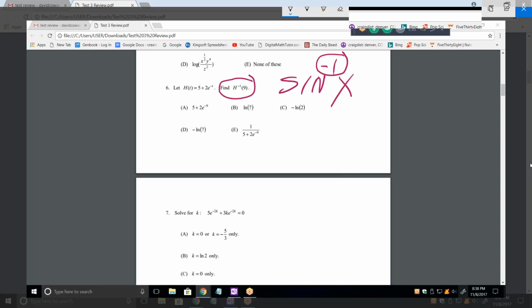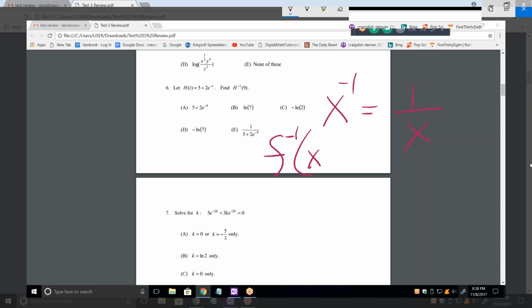Whenever it is part of function notation, like h of x or sine of x or tangent of x, and there's a -1 in there, that means inverse, not reciprocal. If I just said x to the -1, then that's 1 over x. That is reciprocal. But if I have function notation, if I have f to the -1 of x, that does not mean reciprocal. Confusing, I see.